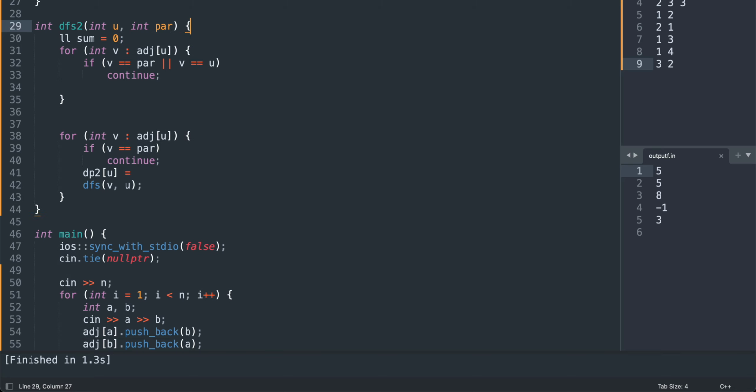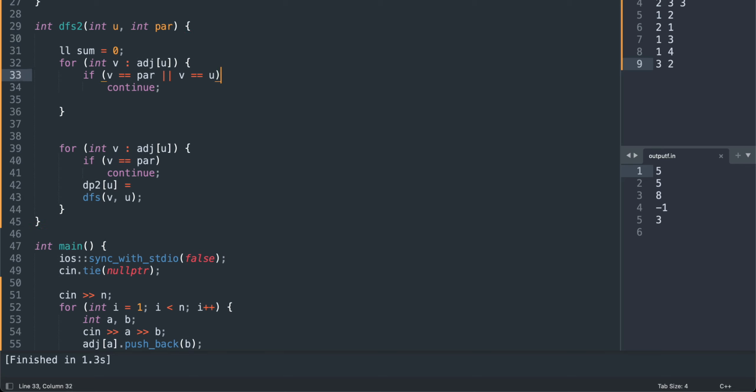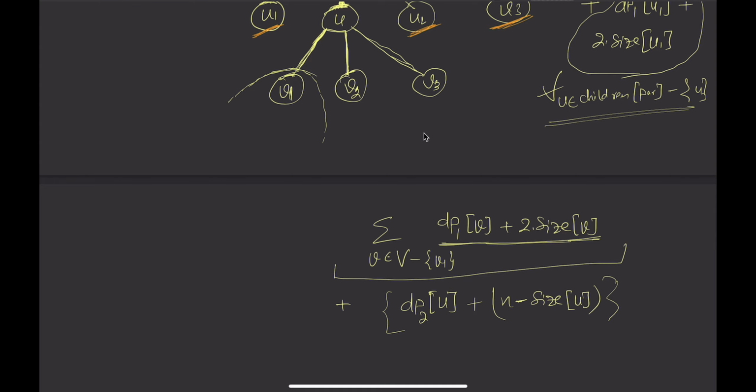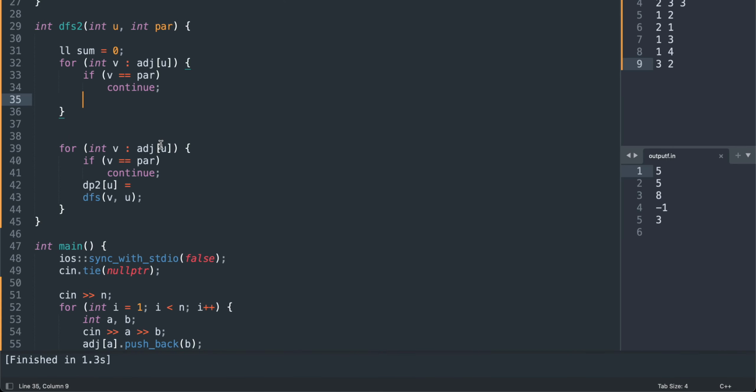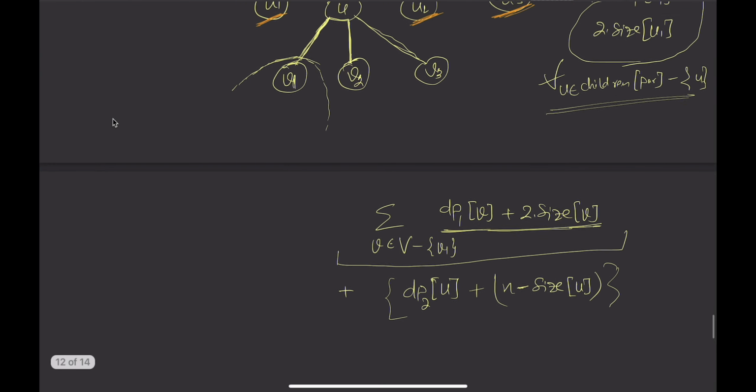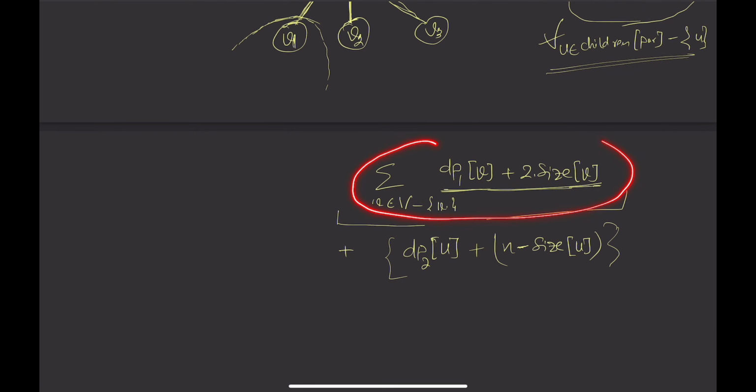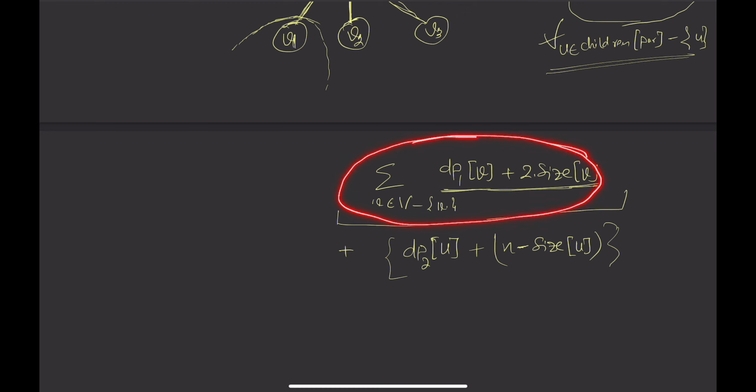Sum is 0 for every node except parent. So now I will go for v, this v's calculation. Then what will happen? I think I would need this value, right? So let's calculate the sum and then keep on subtracting for every v, every current v I am calculating. This way we will optimize it. This way it will not go to n square.